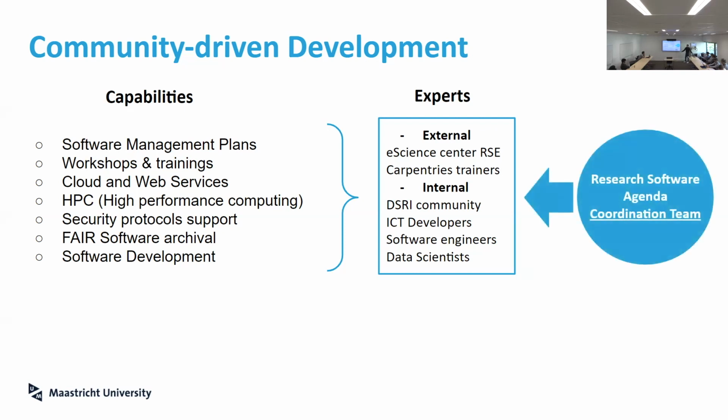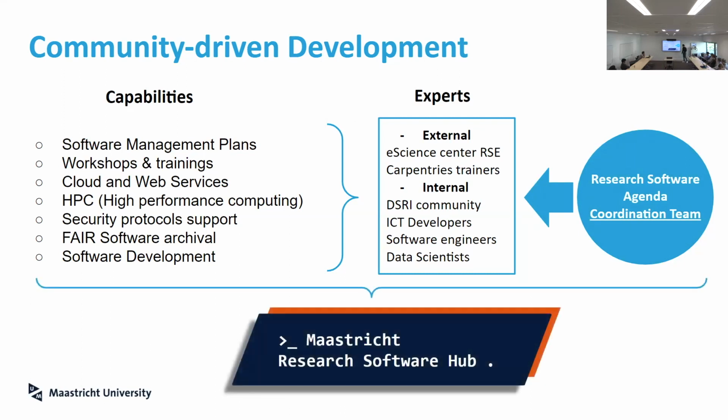We just want to be recognized and we just want to work together. That's where the research software agenda comes in. And a little teaser, what we want to create is a hub for this knowledge, right? So the Maastricht Research Software Hub, and hopefully we get things running and update the existing policies at the university.